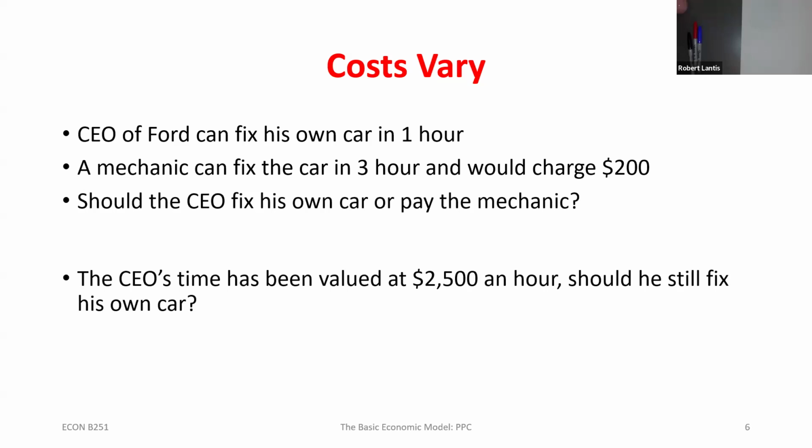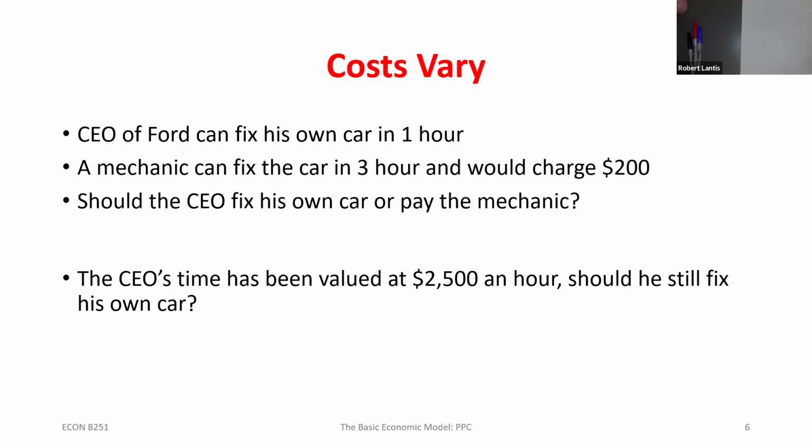So we don't just care about who can do more of something or who can do something better. We'll talk about that in countries. Who can produce this faster? It's who can produce this at a lower cost. Yes, on its face it might look like, well, it's 1 hour, so the CEO has a lower cost. Well, no. That hour has a different value for the CEO than it does for the mechanic.